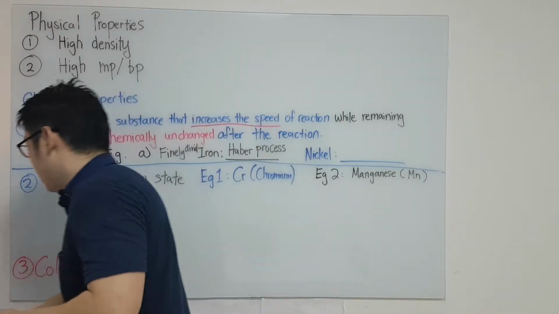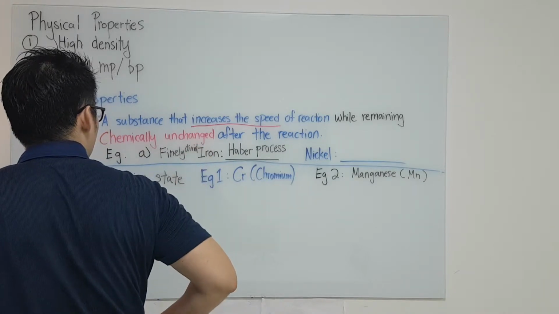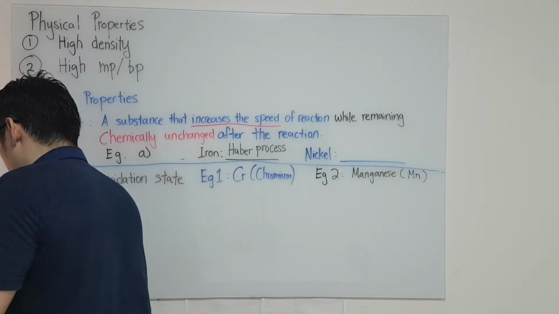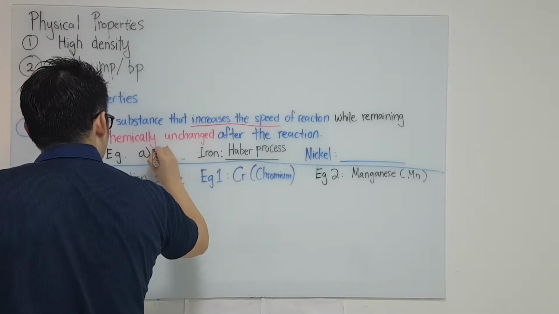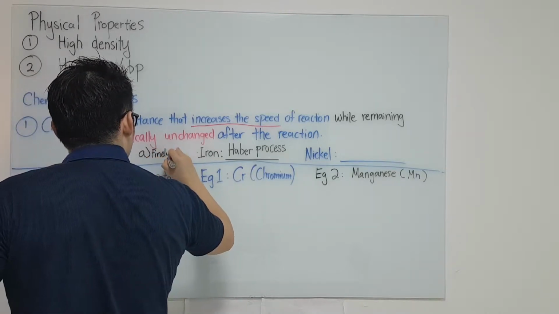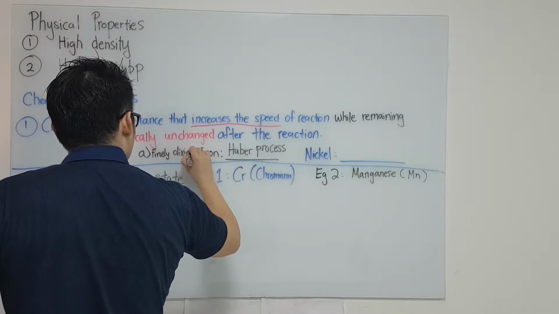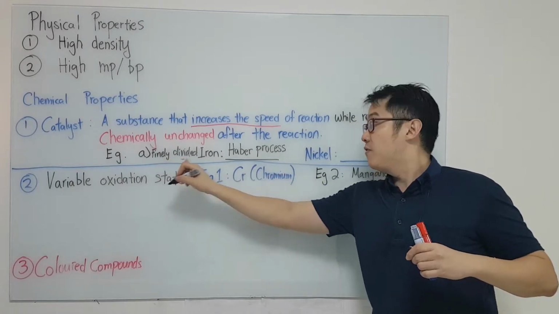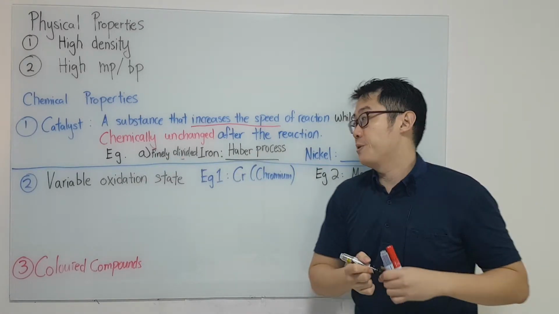Let me write that again. Finely divided iron. In the form of a very finely divided iron, this is used in the Haber process.